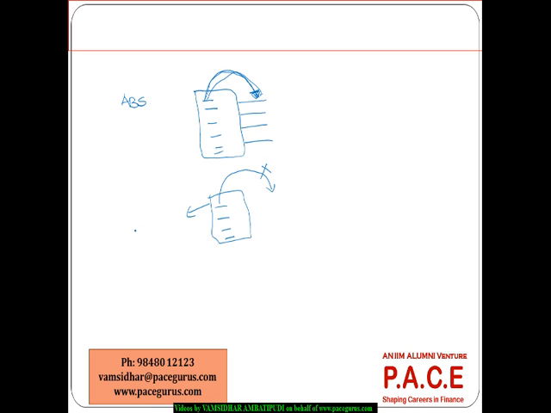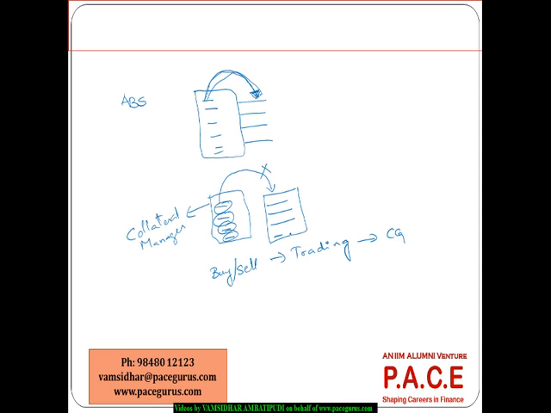Rather, every CDO has a collateral manager. He would be buying and selling these securities, so there is active trading of the securities in the pool. A capital gain is created because of the active trading in the pool, and based on the outcome of that pool, the payments are made to the various investors.